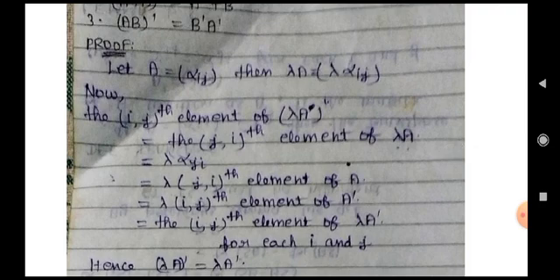Proof. As we know, A and B are matrices. Let A equals (alpha ij), then lambda A equals lambda into (alpha ij).